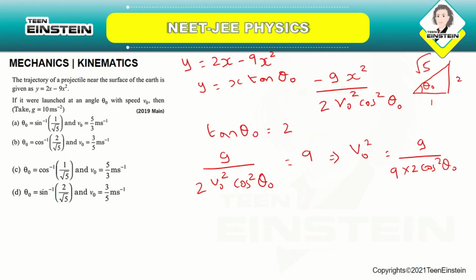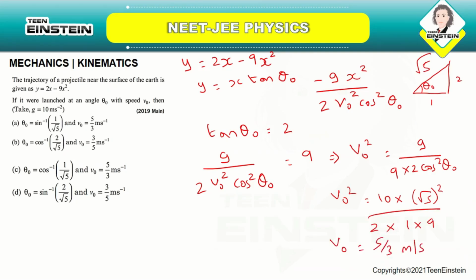So v naught square will be equal to 10 into cos square theta naught, where cos theta naught is 1 by root 5, so cos square is 1 square by root of 5 square. So it will be root of 5 square divided by 2 into 1 into 9. If you solve this, you will be getting the v naught value as 5 by 3 meter per second.